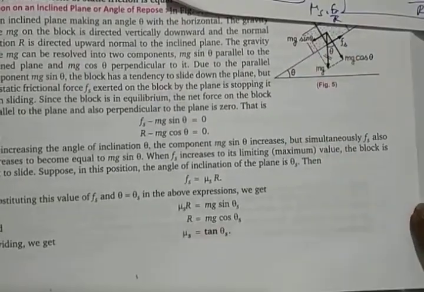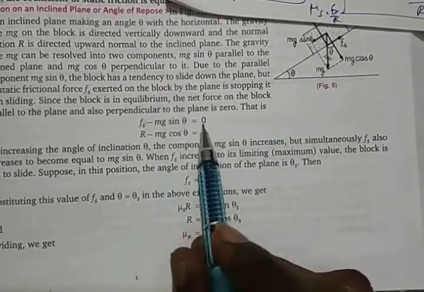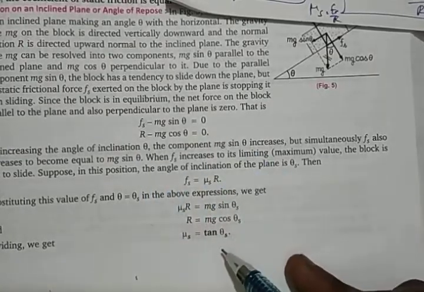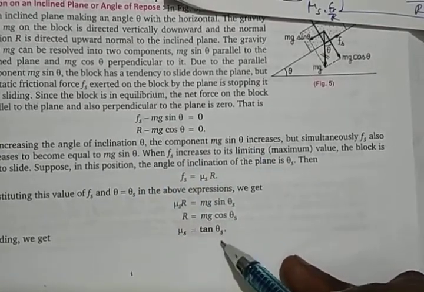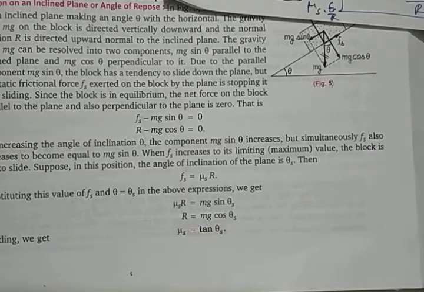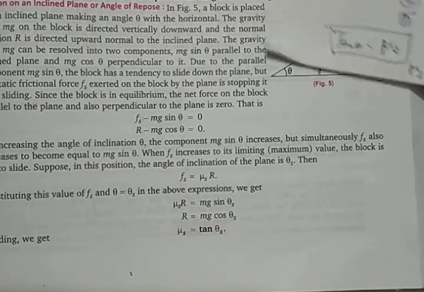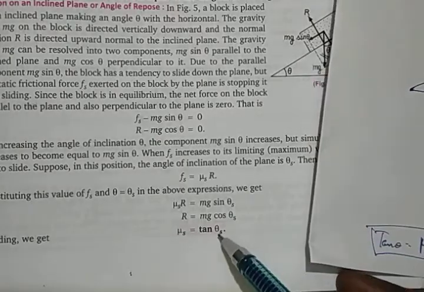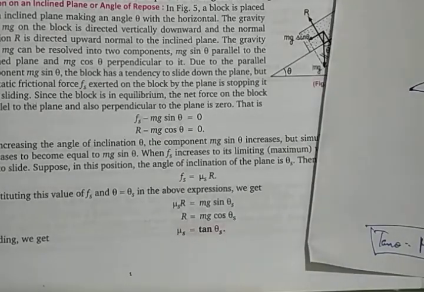So you have two values, F is equal to mg sin theta and R is equal to mg cos theta, and dividing them you will get mu s equal to tan theta. The coefficient of static friction is equal to tan theta. This theta is called the angle of repose, when the body is just on the verge of sliding down.